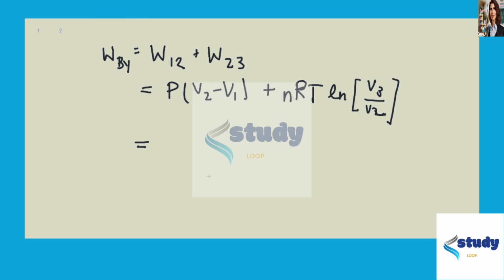And so if you plug in everything here, acknowledging that V1 equals V3, and V2 equals 2V1, and let me put a subscript on the pressure, and I need a subscript on the temperature as well, T2.